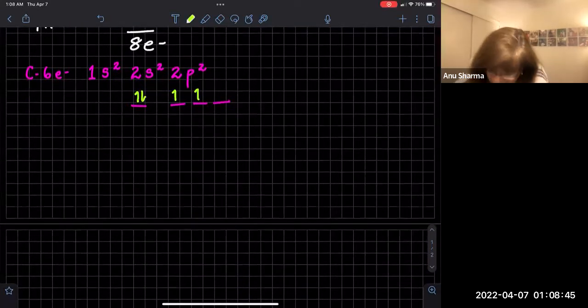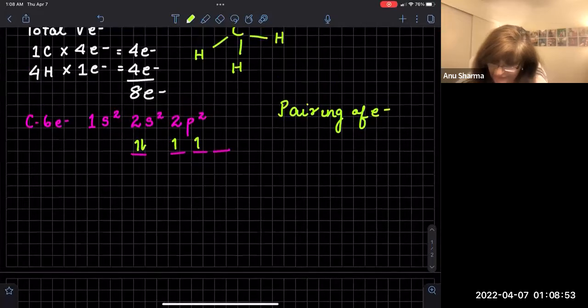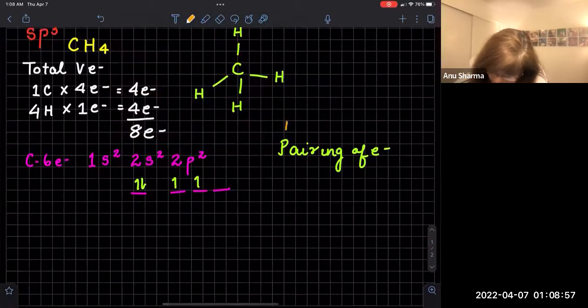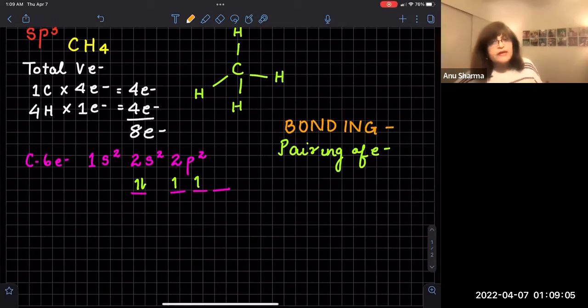What is pairing? Pairing is basically making bonds. So pairing of electrons is what is called bonding. Let me put this here: bonding. Bonding is basically pairing of electrons.